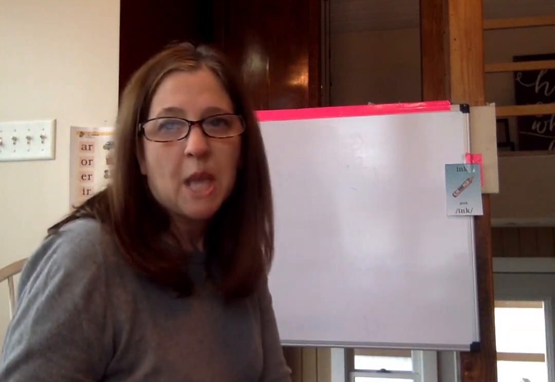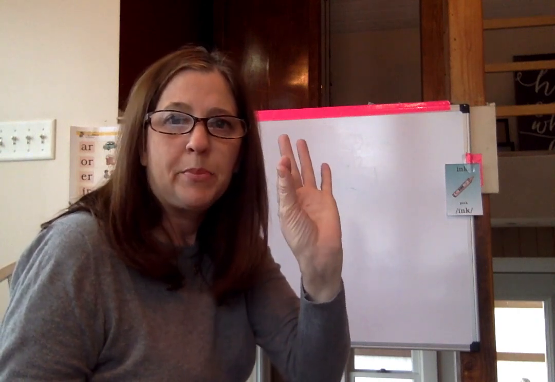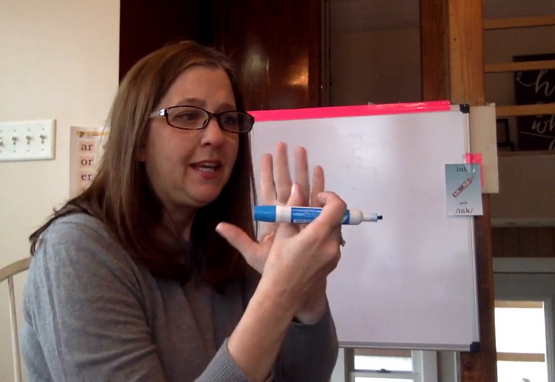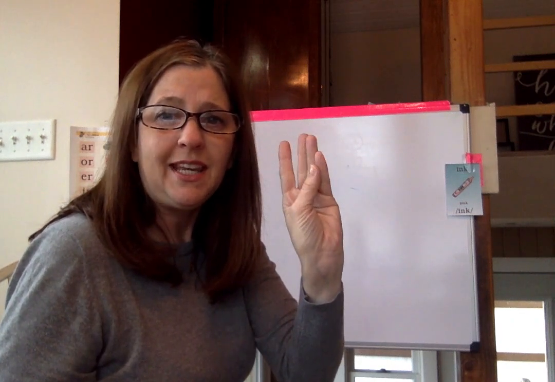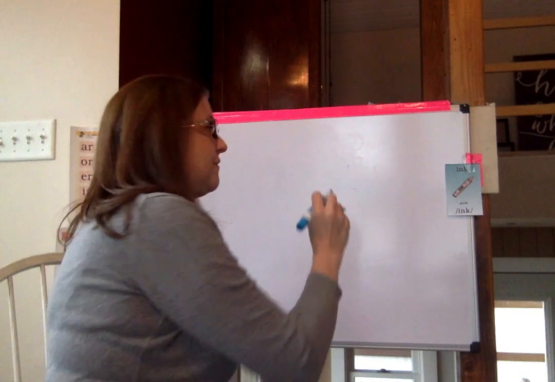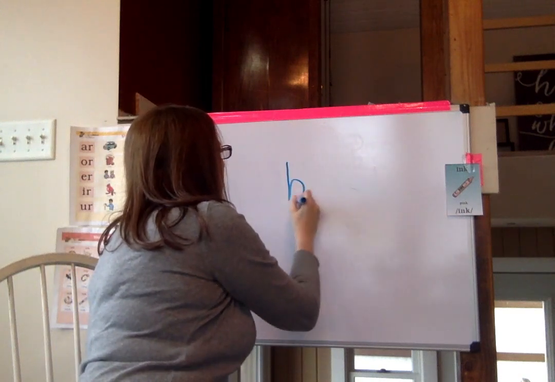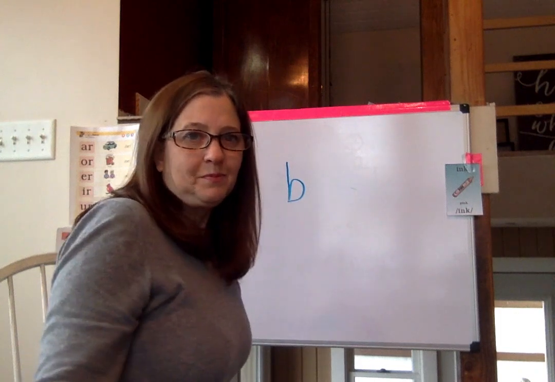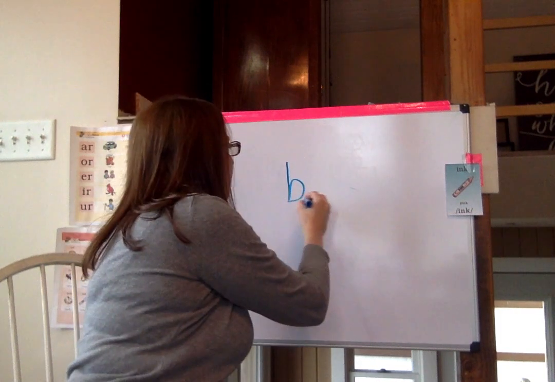This word is blink. Let's tap it out with our fingers first. B-L-ink. B-L-ink. So let's write the first sound. B. Okay, let's write the second sound.